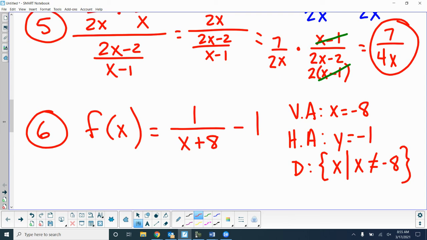That's set builder notation. So all y values such that y is everything but -1. Yeah, if you just write x is not equal to -8, that's fine. I was just showing you the proper way to do it.